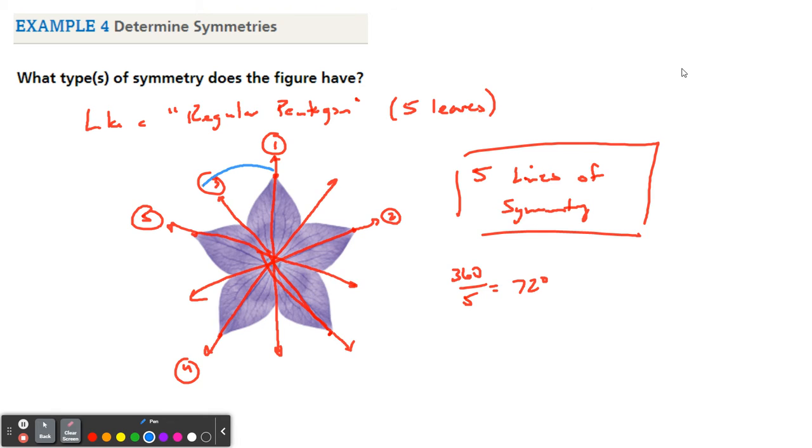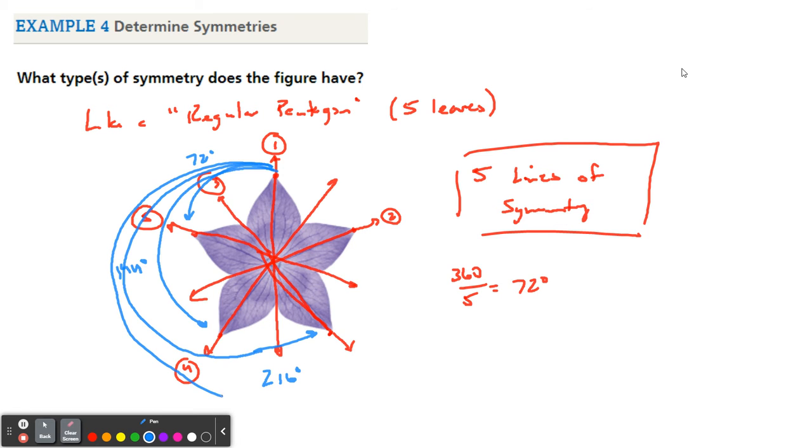If I go this way 72 degrees, there we go, I rotate this petal onto that one and so forth. If I go another 72 degrees, that's 144 degrees, right? Then another 72 degrees to this petal, that would be 216 degrees. Then another 72 degrees to this petal, that would be 288 degrees.